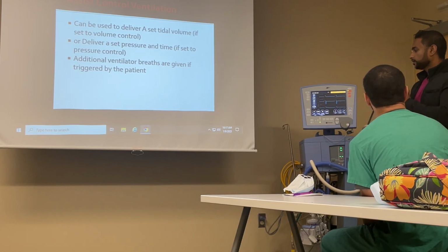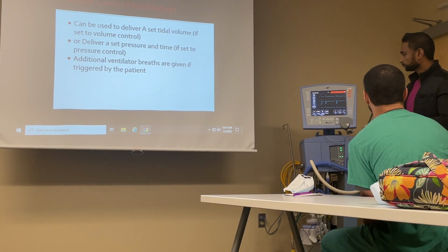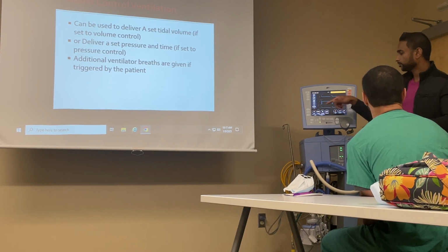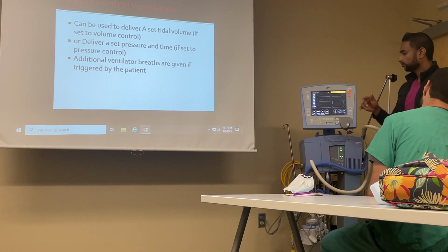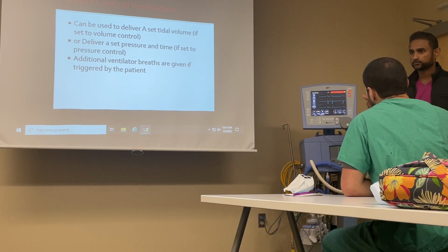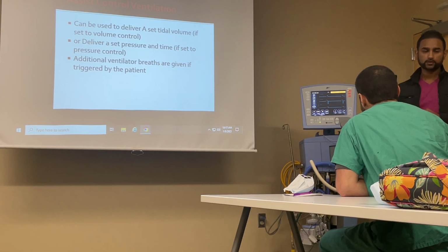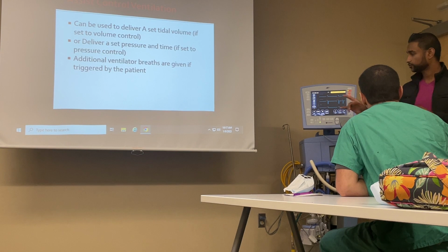Now think about this, guys. The ventilator is saying, Jerry, thank you for the order, I'm going to follow it exactly to the T. Every 5 seconds, I'm going to deliver this gentleman 500 cc tidal volume. But what is my variable here? The pressure. The invisible force that you never see is the pressure, which you can see on the ventilator.